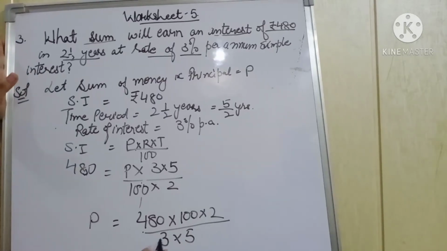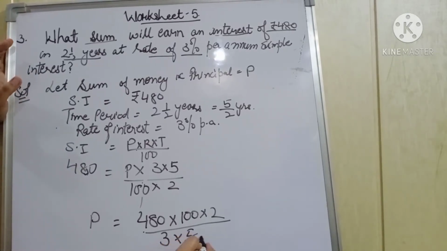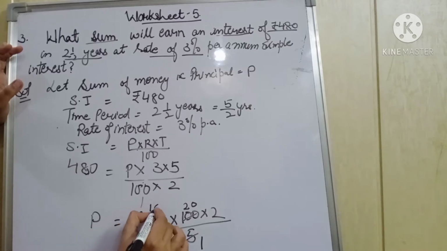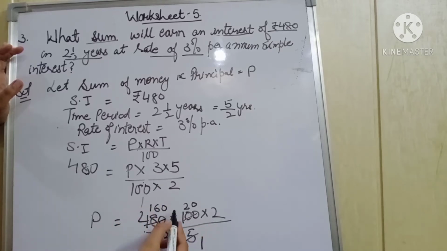Now we are going to cancel. 5 ones are 5, 5 twos are 10, 0, 20. 3 ones are 3, 3 ones are 3, 1 remainder 18, 3 sixes are 18 and 0. 2 twos are 4, 16 fours are 64, 160 zeros and 20 0.